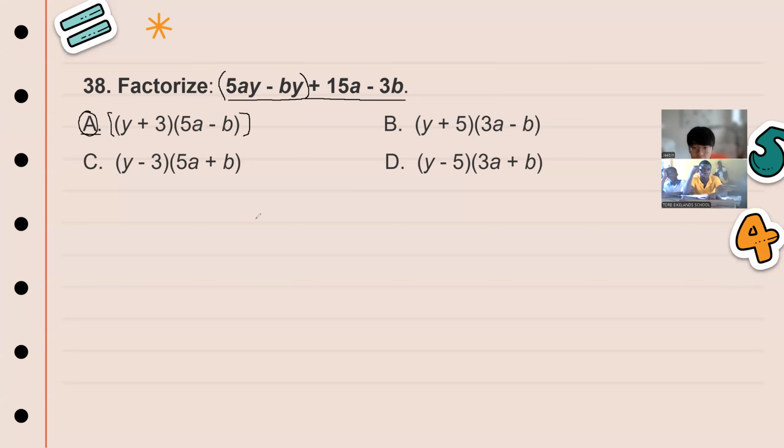So this becomes y times (5a minus b), plus these two terms. What can we factor out from these two terms? We can factor out 3, right? That's the same as 3 times (5a minus b).